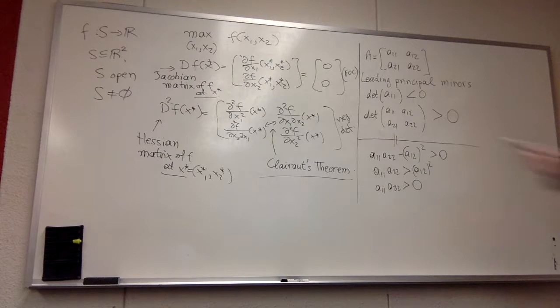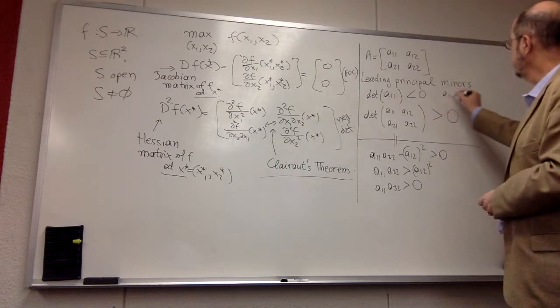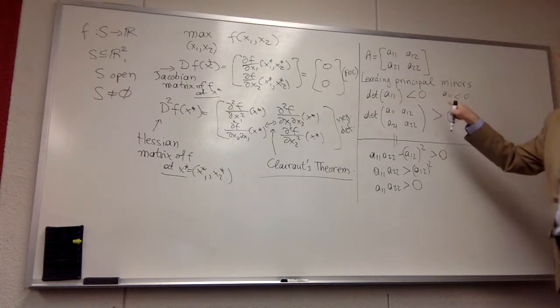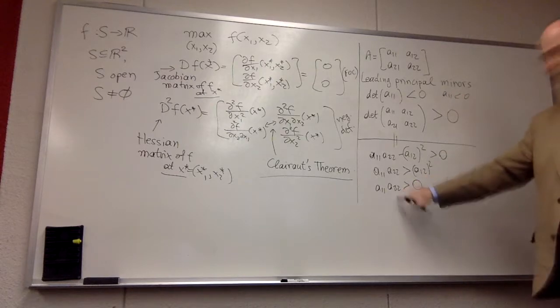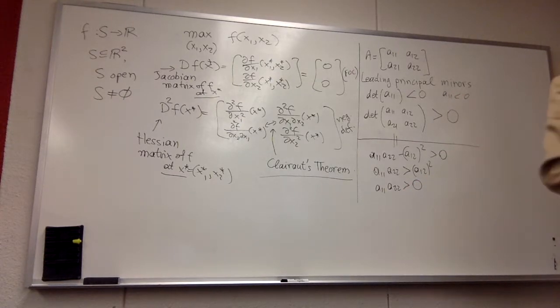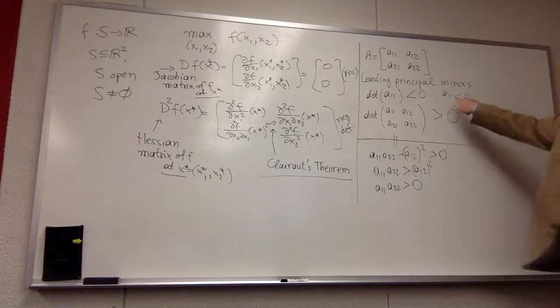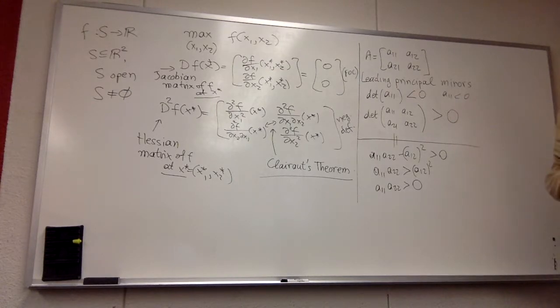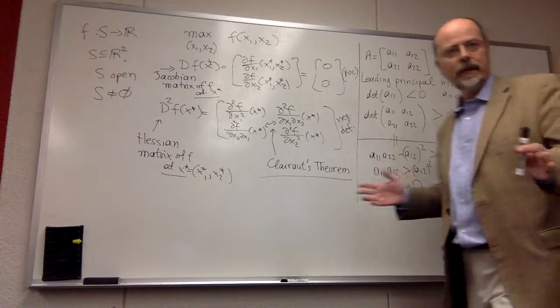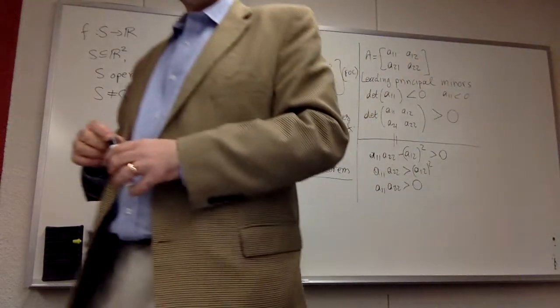What else do we know? We know that A11 is negative from this condition. So A22 must be negative for this product to be positive. So we have not forgotten A22 negative. It is implied by these conditions. So these conditions are nice and symmetric, even though it's not obvious. Okay? Questions?